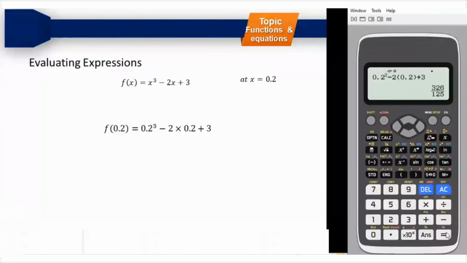If I wish to solve this through any other means, that is also possible. What I have to do is write x cube minus 2x plus 3, alpha calculate will give me equals to here, and 0.